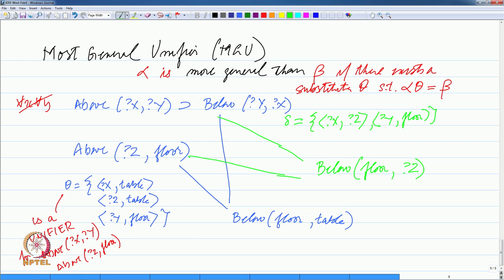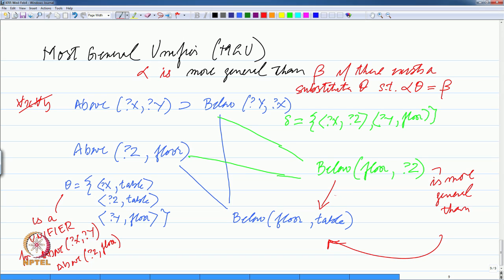This says that the floor is below everything else essentially. So, observe that the second one is more general than this one essentially, right. We have made two inferences, one of them is more general than the other essentially.